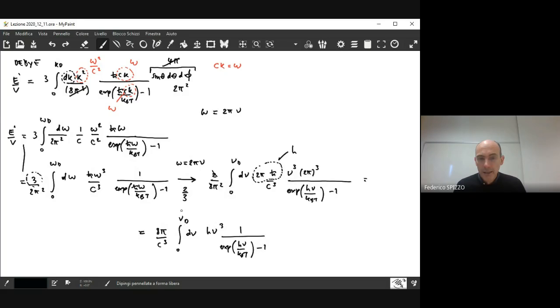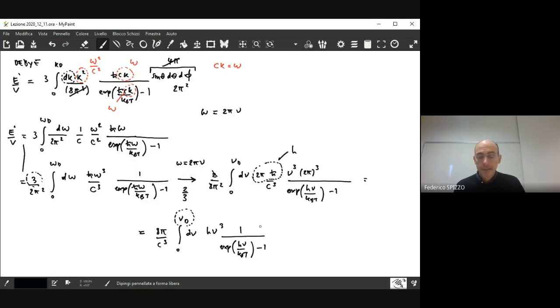In that case, the integral here was not from 0 up to the Debye frequency, but was from 0 to infinity. So over all the possible frequencies that one could find within the electromagnetic waves spectrum.